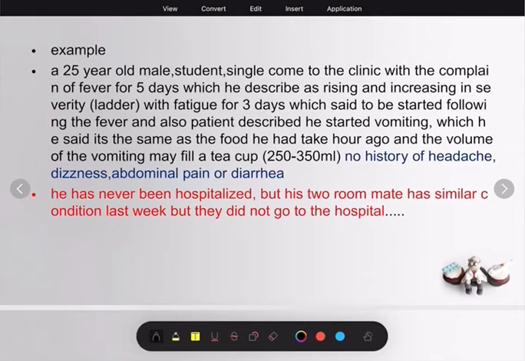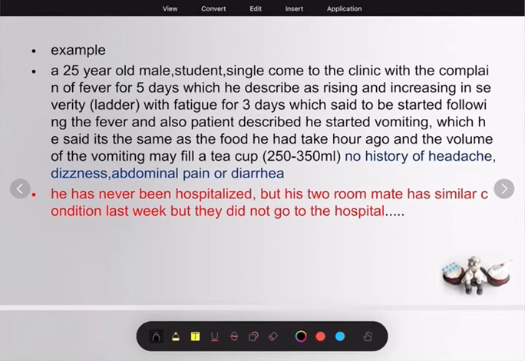Also, the patient described he started vomiting, which he said is the same as the food he had taken an hour ago. The volume of the vomiting may fill a cup of tea, 250 ml. No history of headache, dizziness, abdominal pain, or diarrhea. He has never been hospitalized, but his two roommates had a similar condition last week, but they did not go to the hospital.